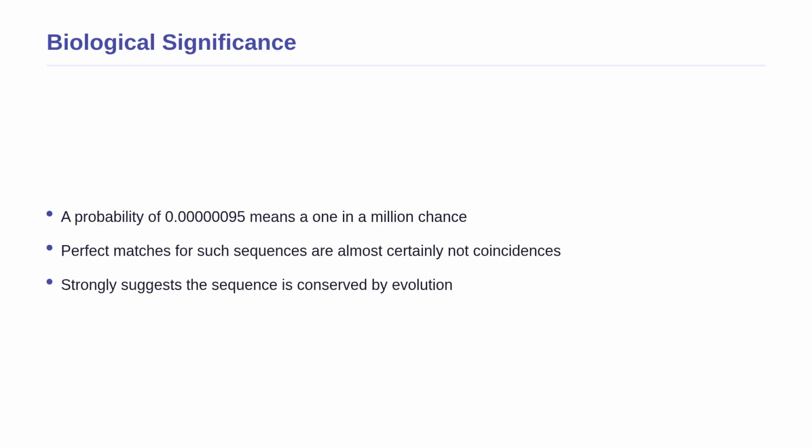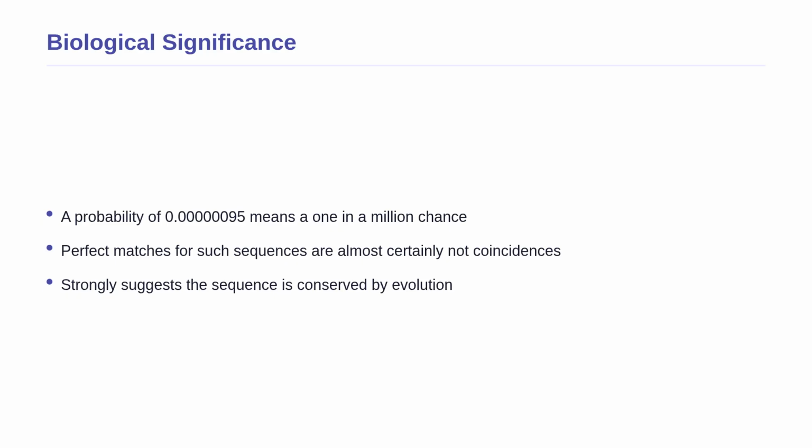Now that we have calculated this tiny probability, let us interpret what it actually means for a biologist. A probability of 0.0000095 means there is only a 1 in over a million chance of this specific 10-base sequence occurring randomly in a genome.